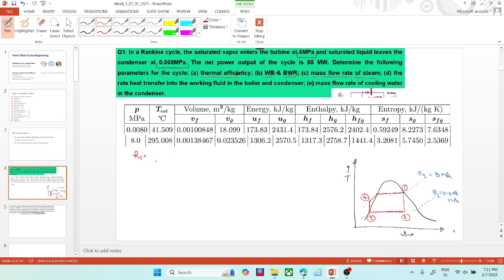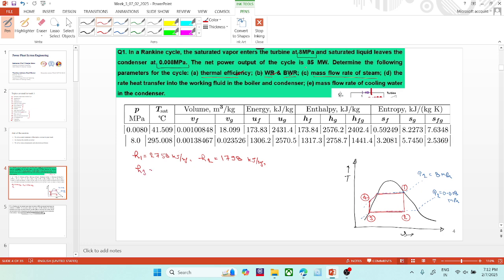H1 value will come 2758 kilojoule per kg. H2 value I have calculated and it is coming as 1798 kilojoule per kg.